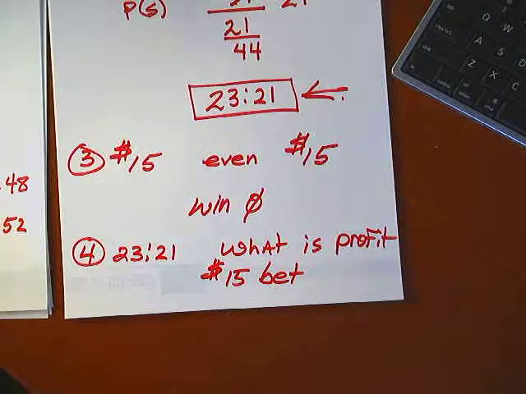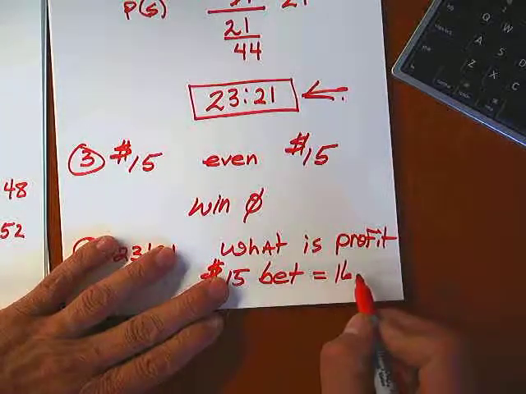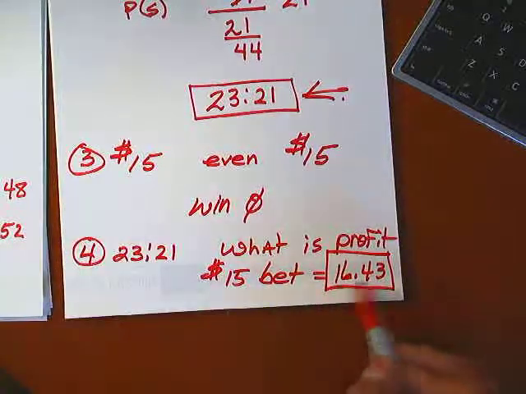Now, I disagree with this question a little bit because they ask for the profit, and I don't agree with what they do. But let me explain. They say with these odds right here, 23 to 21, what is the profit won?